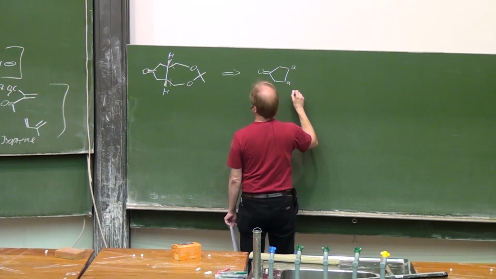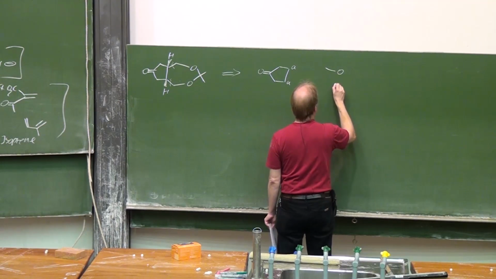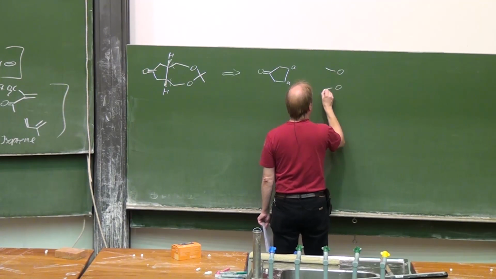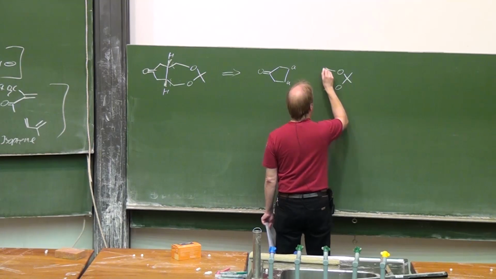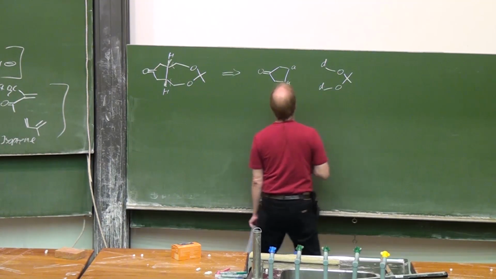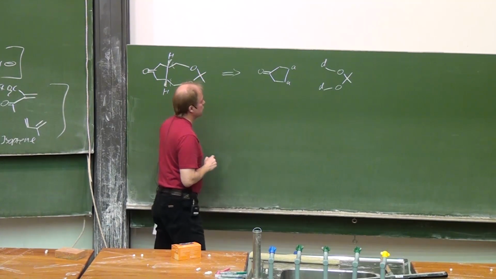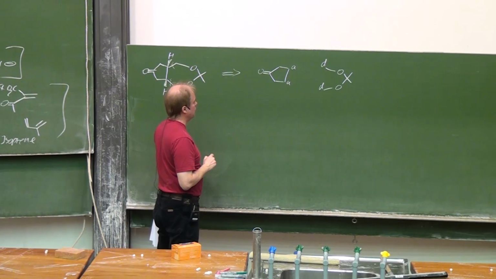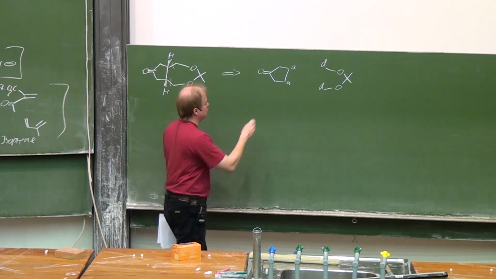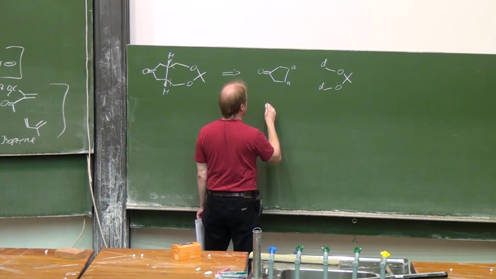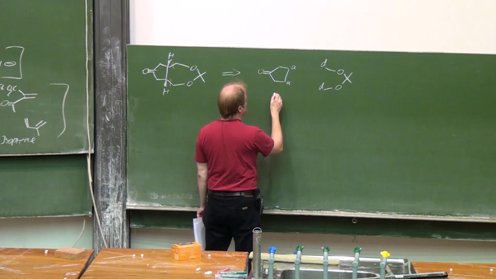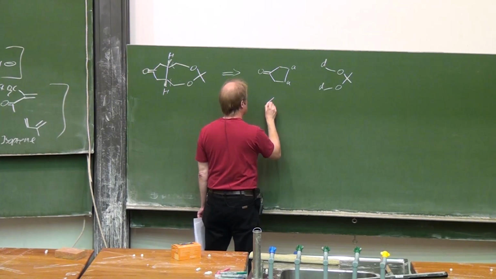acceptor reactivity, donator reactivity. So then, how should one get acceptor reactivity here? Well, you need leaving groups.